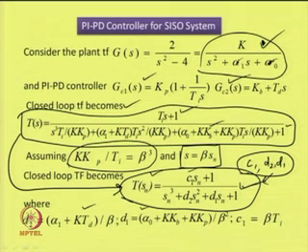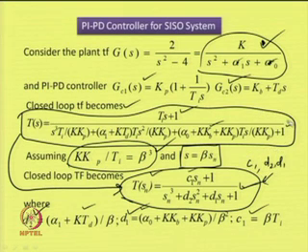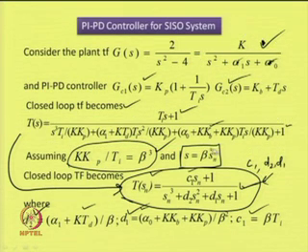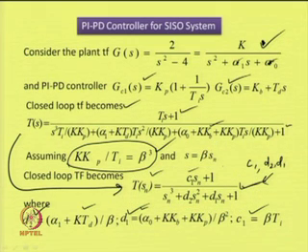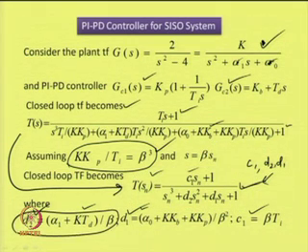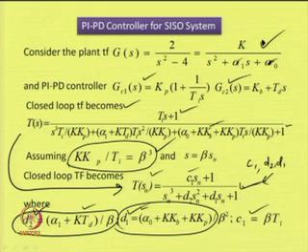Now, using this we have got 4 expressions: D2, D1, C1 and K K_p upon T_I equal to beta cubed. These are the four expressions, 1, 2, 3 and 4.